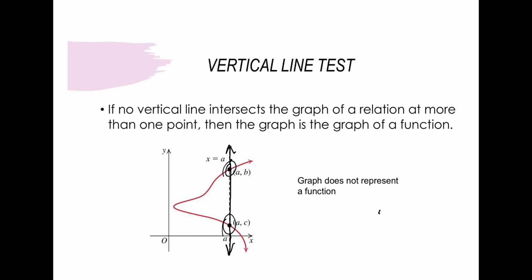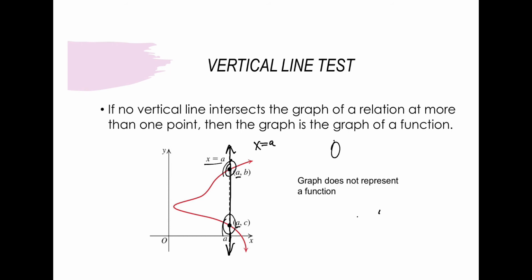You can see here with the ordered pairs, we have the same input a, that's my x value, and in fact, x equal to a, as we see here, describes a vertical line. A vertical line is always described by x equal to some value. At any rate, x equal to a produces 2 outputs, b and c.